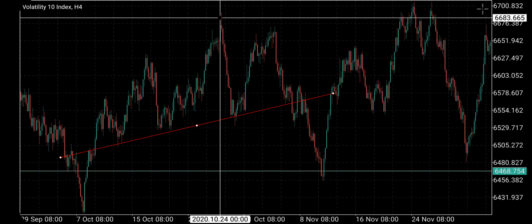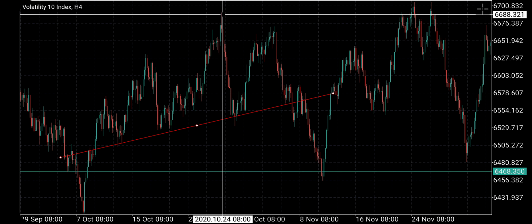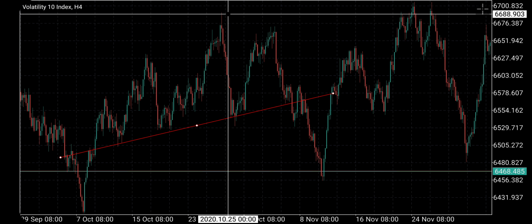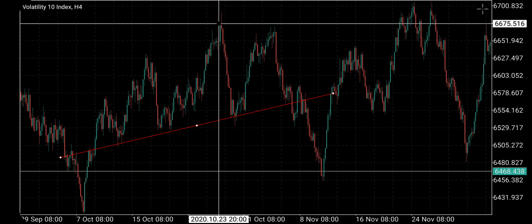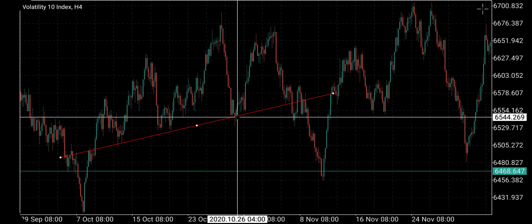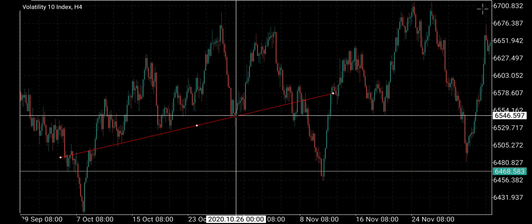Okay, the head. Now the head is where the market makes an exhaustion move. It goes up and can't hold at these levels anymore. You understand? So it has to go back and find support at the trend line, which is the neckline.